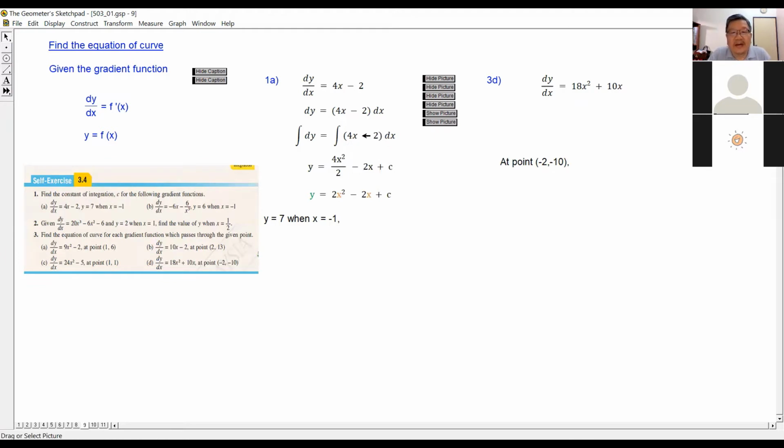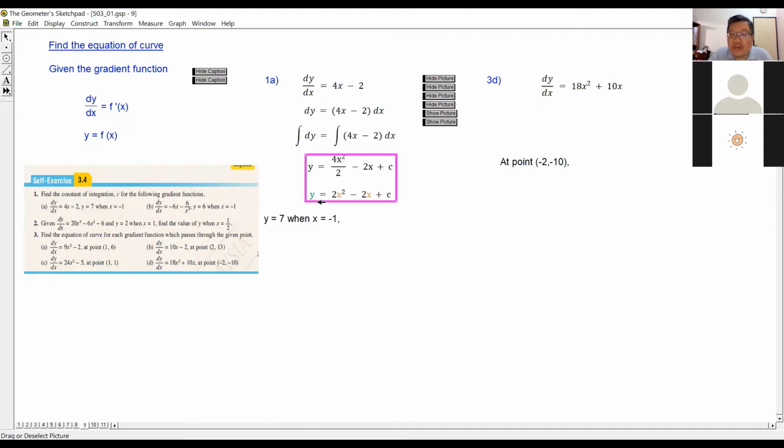Then when you integrate negative 2, you get negative 2x. Finally you plus a c there. Simplify, cancel the 4 with the 2, you have 2x squared minus 2x plus c. So y equals 2x squared minus 2x plus c.